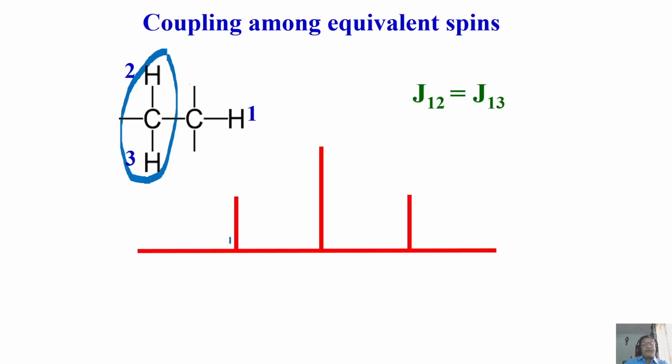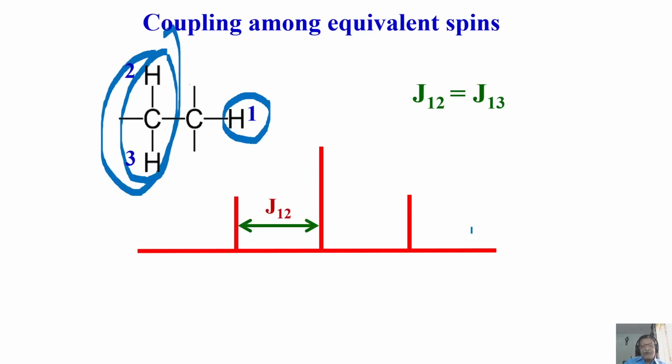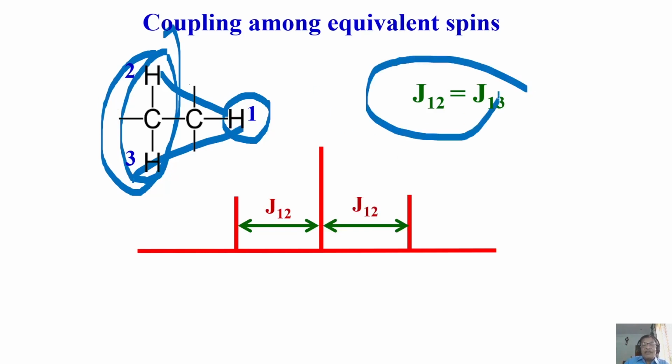It gives me a triplet. When I look at proton 1, coupled to two equivalent protons, it gives me a triplet. We'll understand how it goes. And this separation gives me J12 or J13, it does not matter, both are the same, because I have written the equivalence relation here. Okay, so that is the situation.